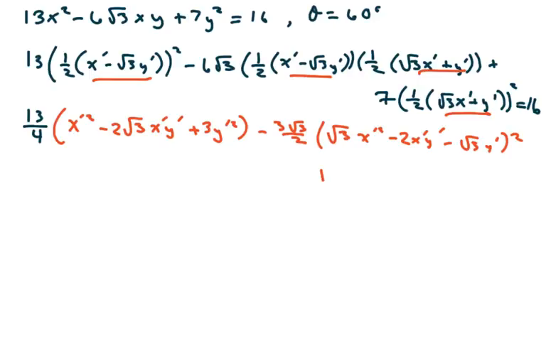And then we're going to add the 7/4 here, and we get 3x prime squared plus 2 square root of 3 x prime y prime plus y prime squared, and this equals 16.